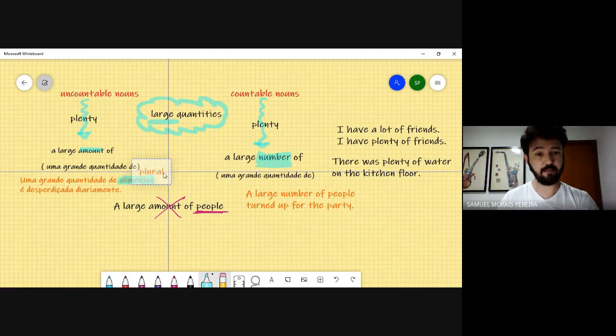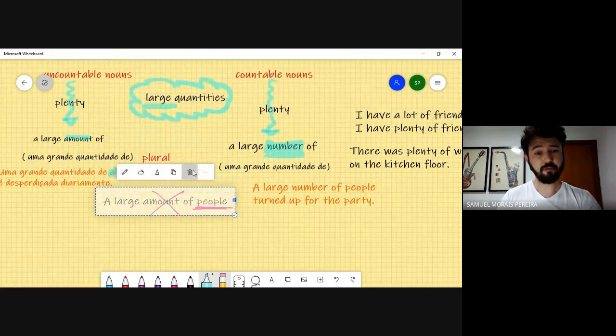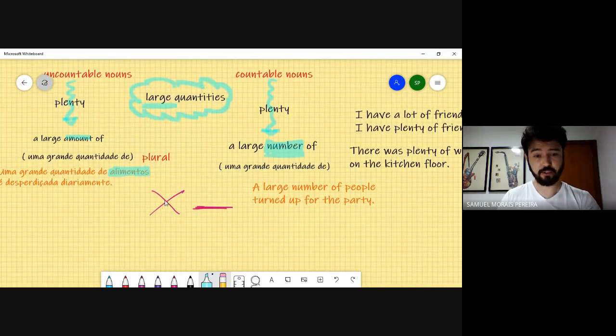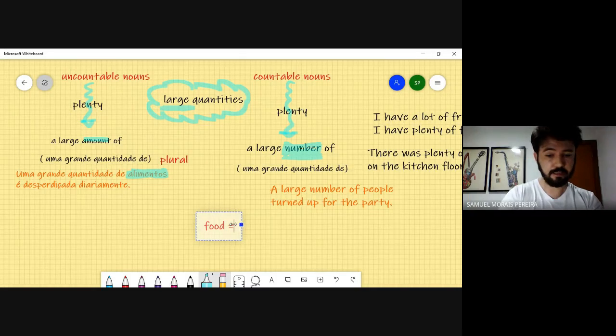So I can say alimentos, right? It's possible to say alimentos. But you have to pay attention to the word in English. How do we say alimentos in English? Well, in English, the word I am going to use is the word food. And the word food is uncountable in English.